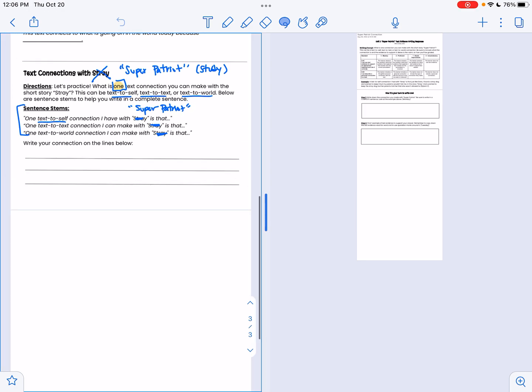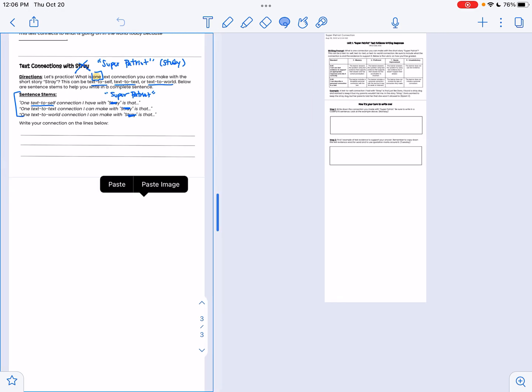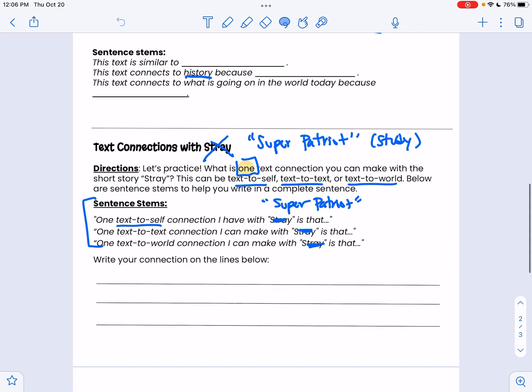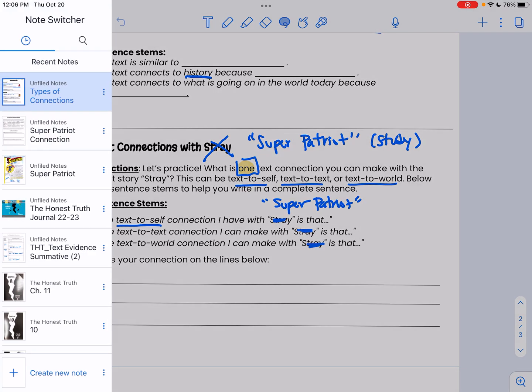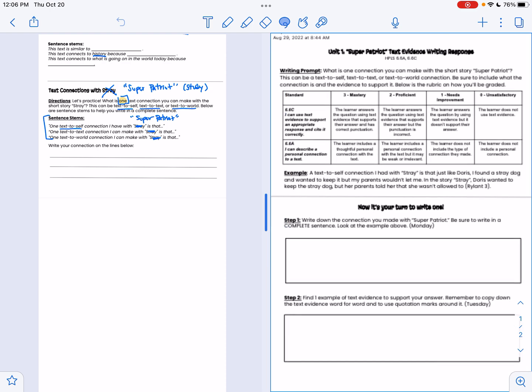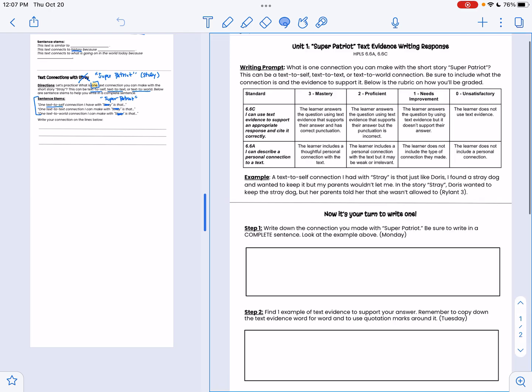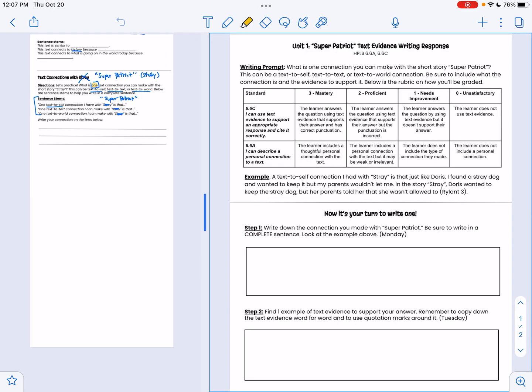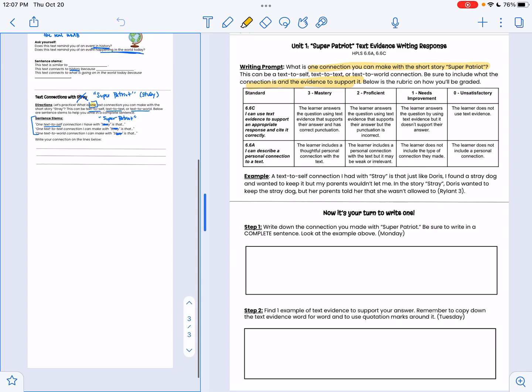You had it at the bottom here, your one connection. So you're going to use that connection on your worksheet. But you're going to add more detail to it. So you're going to rewrite what is the one connection you can make with Super Patriot. It could be any type of connection, and you need to include what the connection is and the evidence to support it. So over here, we already wrote our personal connection.